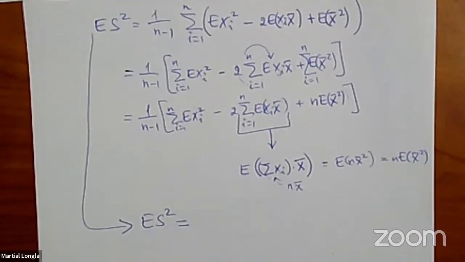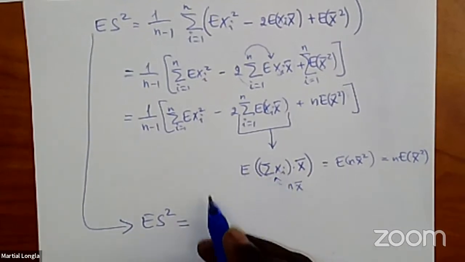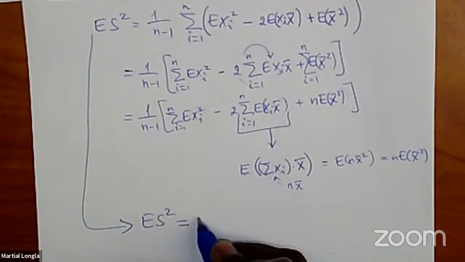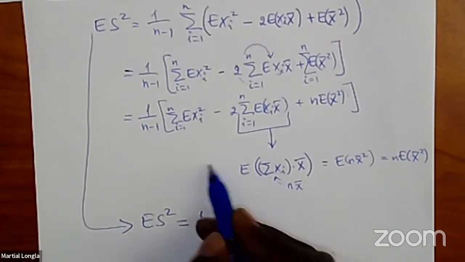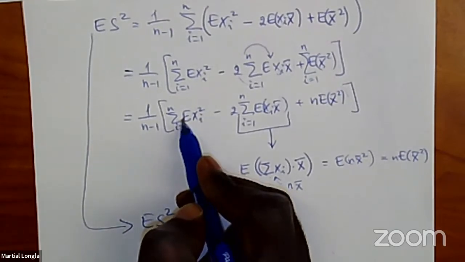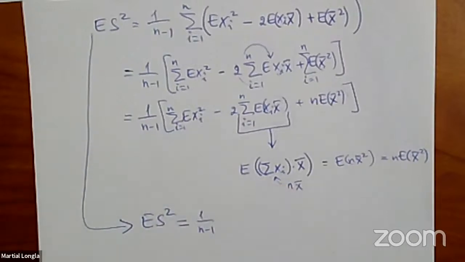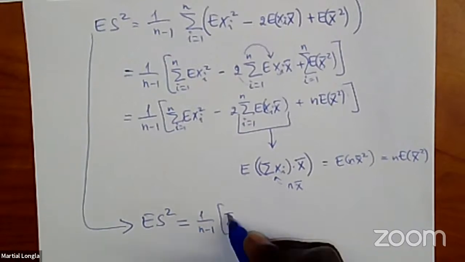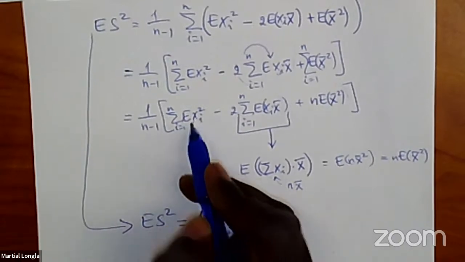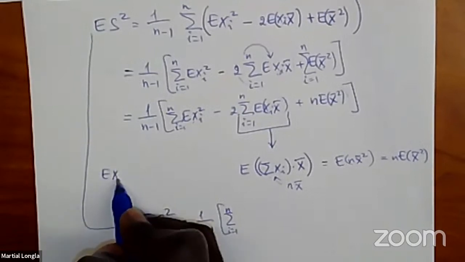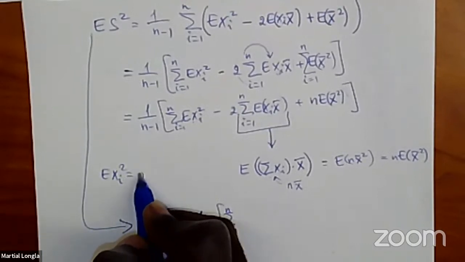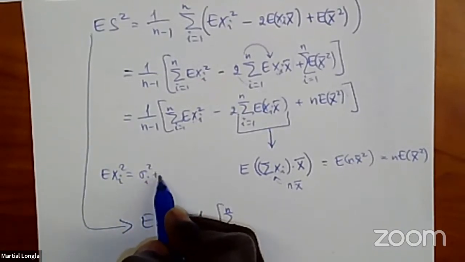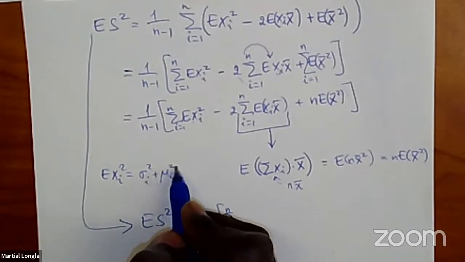This is coming back later in a more complicated setup, so please try to understand what we do now. 1 over n minus 1, and this one here is the sum, i from 1 through n. The expected value of x_i squared is actually sigma_i squared plus mu_i squared, right?